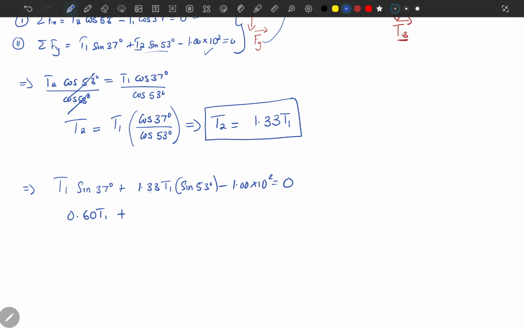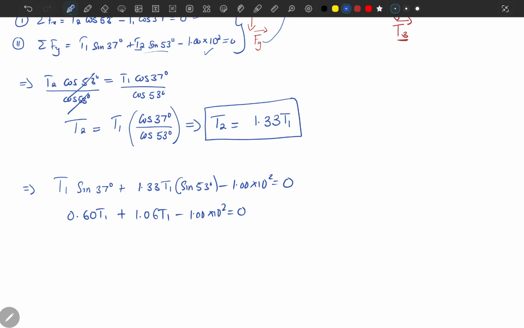But remember that this is multiplying 1.33, so multiply by 1.33, I'm getting 1.06 T1 minus 1.00 times 10 to the power 2. This is equal to 0.